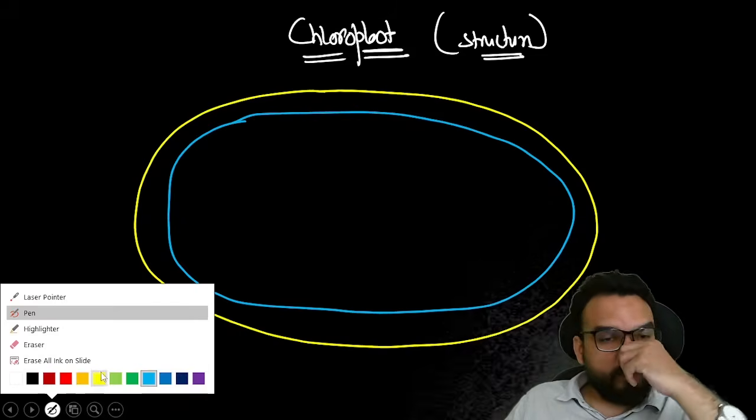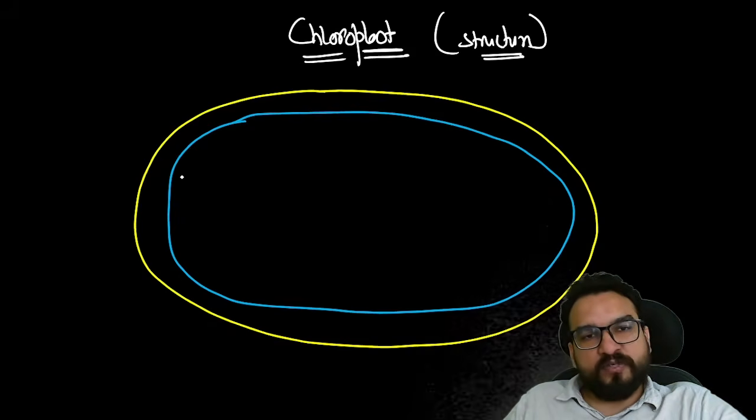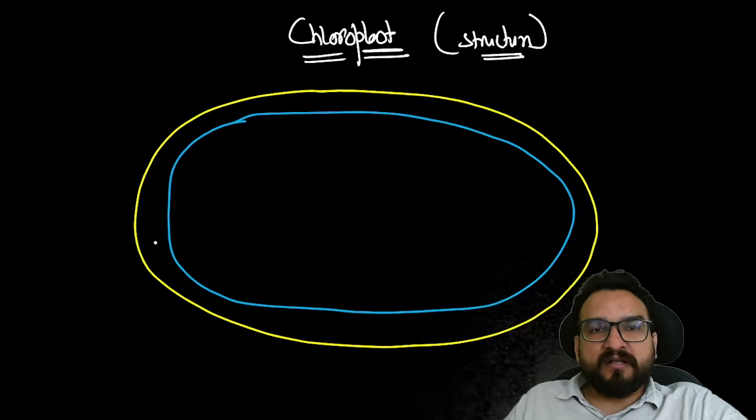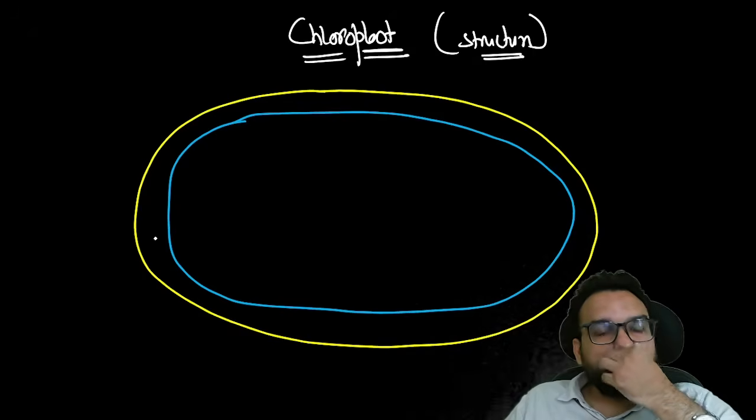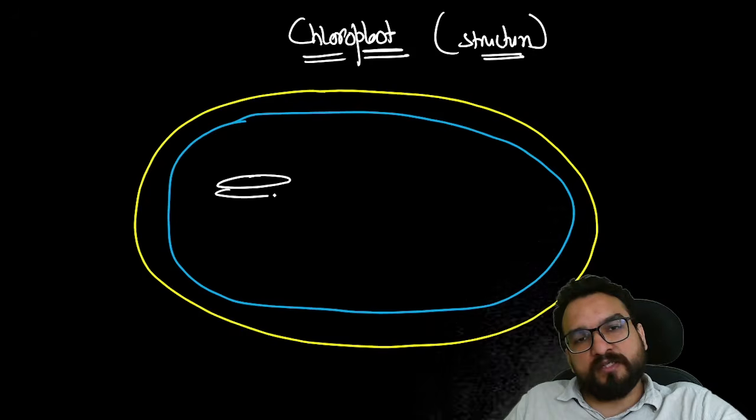Right, and in the examination also I am drawing it for you guys only. Okay? And inside this, this is the outer membrane, this is the inner membrane, and in between this is the intermembrane space. You can say perichloroplastidial space over here. Right, and this is the most important thing you will be finding over here, guys. And what are these? I'll be telling you.